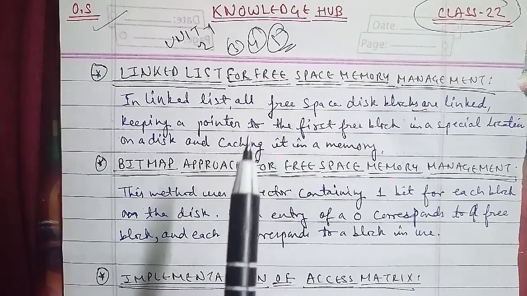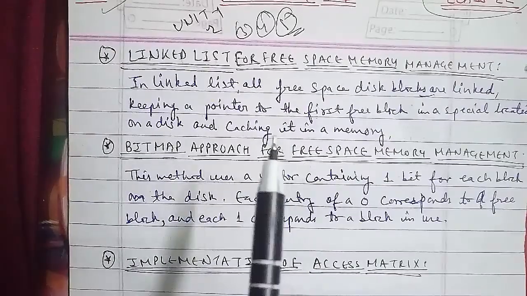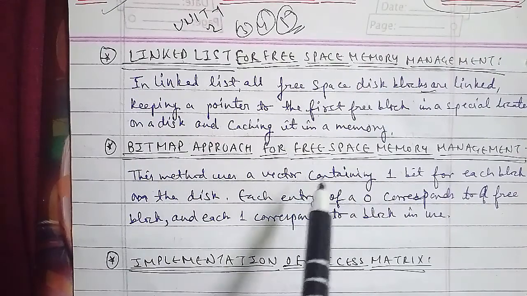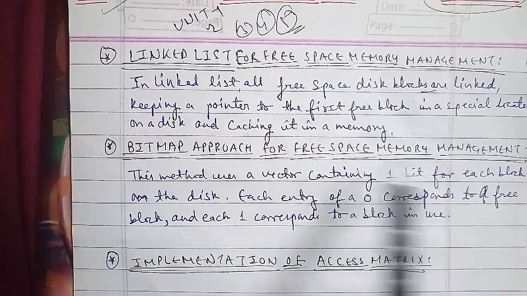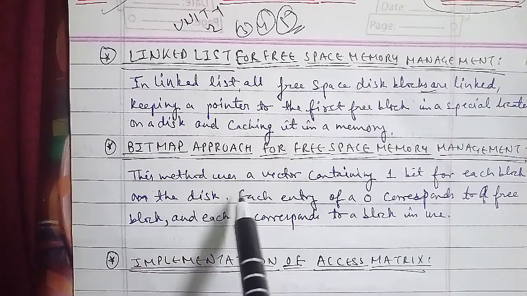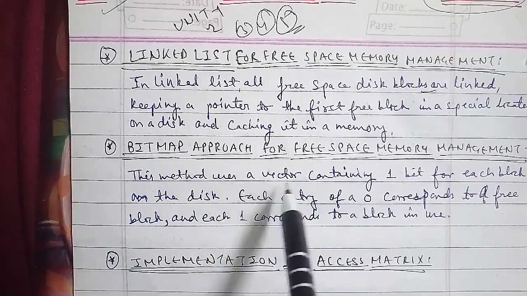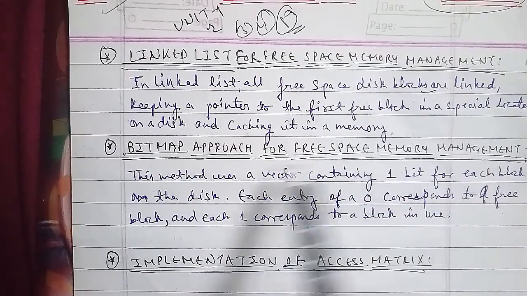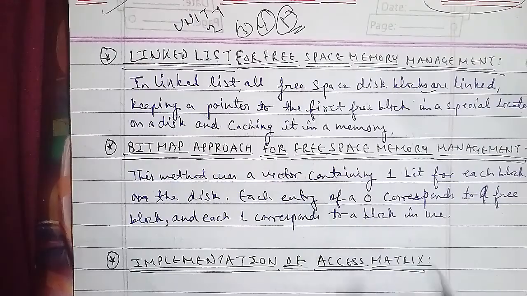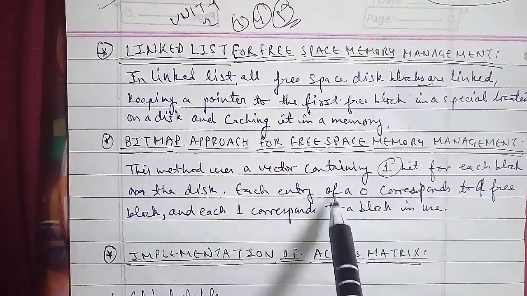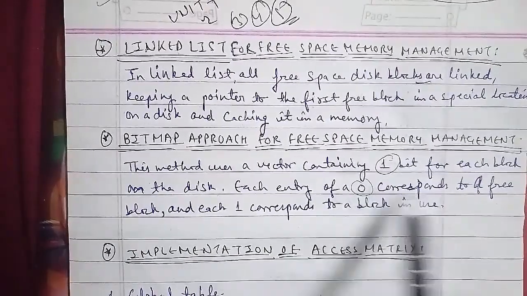Now we'll discuss the bitmap approach for free space management. In regard of the bitmap, this method uses a vector containing one bit for each block. यहाँ पे इस मेथड में जो आपका वेक्टर होता है वो आपका एक बिट कंटेन करता है हर एक ब्लॉक के लिए ऑन अ डिस्क. And each entry of 0 corresponds to a free block and each 1 corresponds to a block in use.